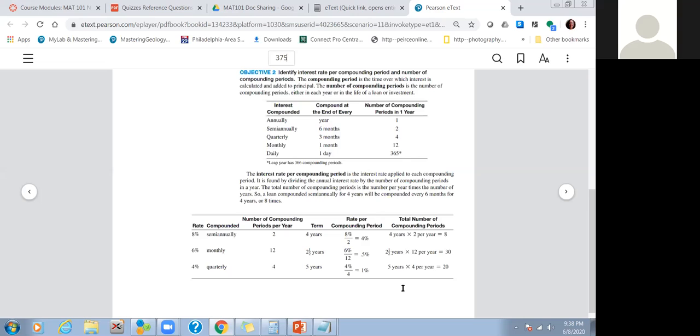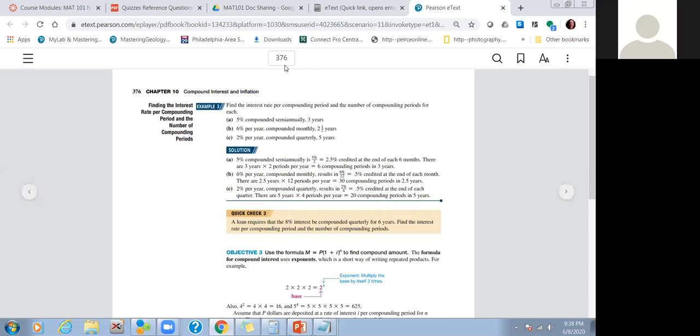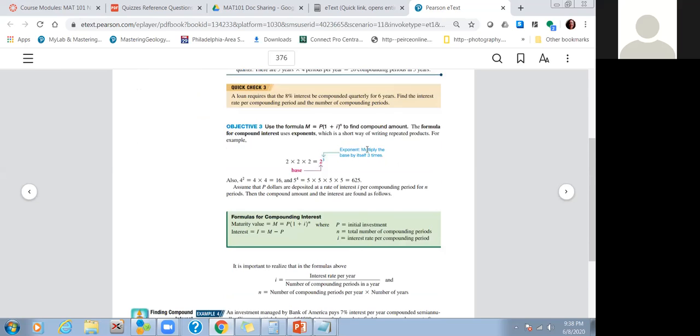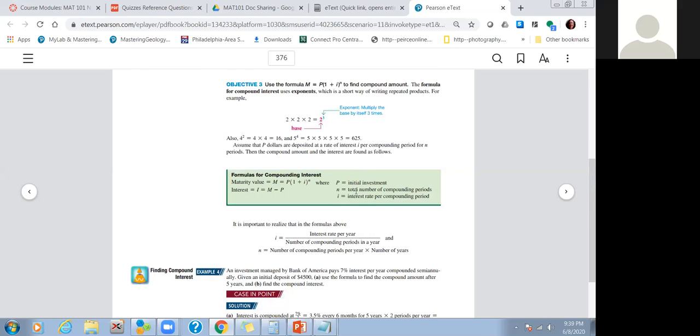So we have the formula on page 376. And right here in the middle of the page is the basic formula for compound interest. So you did see this formula quickly in chapter 4 with that section that had an overview of some formulas.